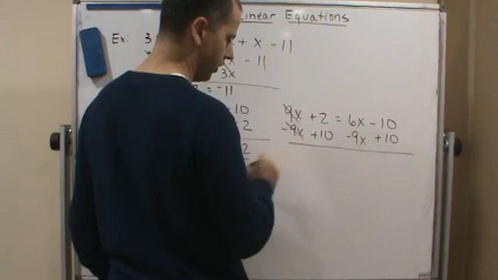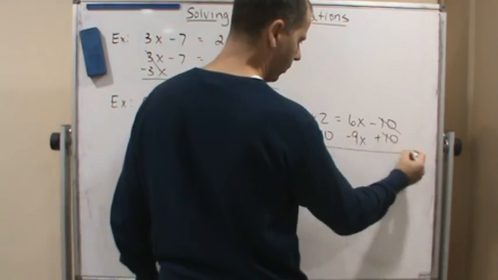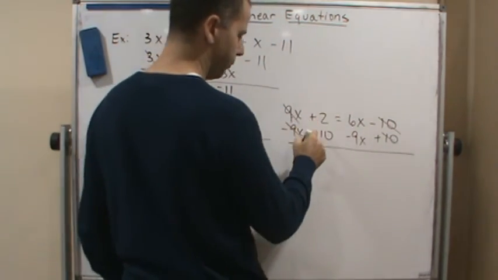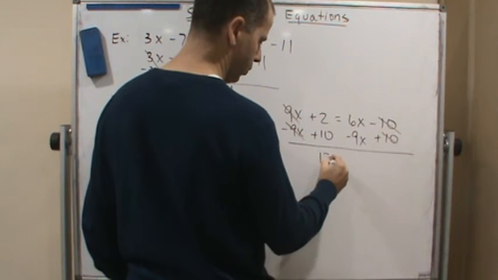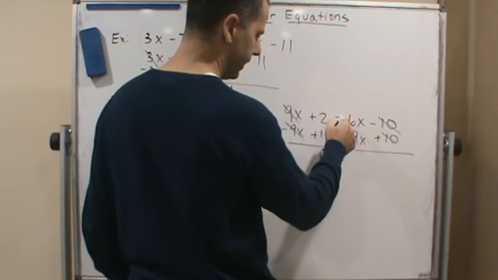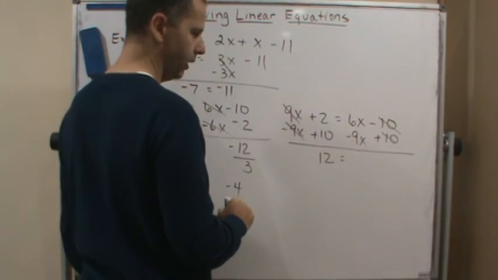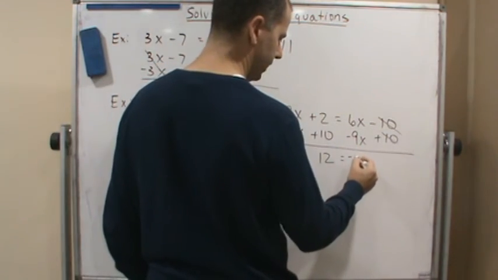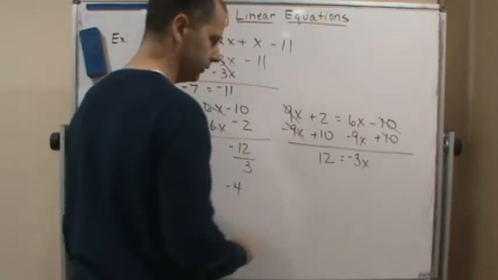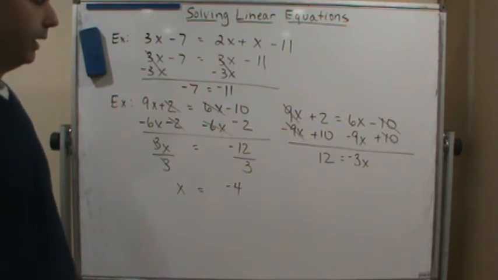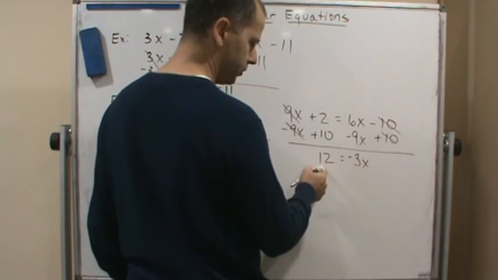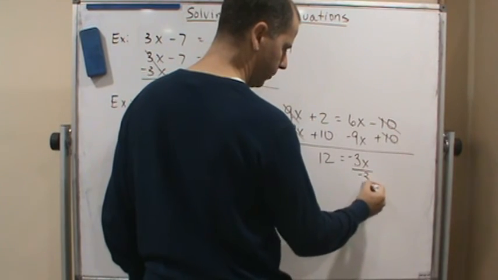This is going to go to 0. This is going to go to 0. And so I end up with what? 2 plus 10, which is 12, equals 6 minus 9x, right? Which gives me a negative 3x. Okay? Now what I'm going to do is I'm going to divide both sides by negative 3.